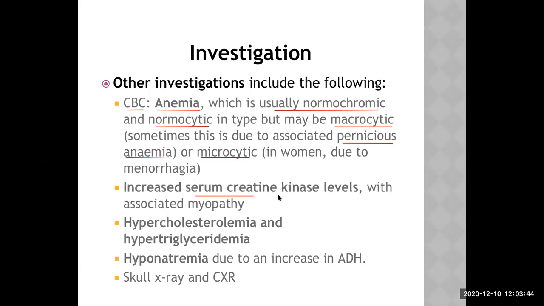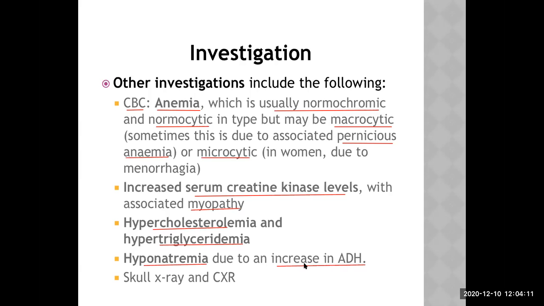Increased serum creatine kinase level may occur with myopathy because of the muscle damage. Proximal myopathy is an important feature there. That's why this enzyme, which is present inside the muscle, is released. Hypercholesterolemia and hypertriglyceridemia are the features of hyperlipidemia. Hyponatremia may occur as a result of an increase in ADH.